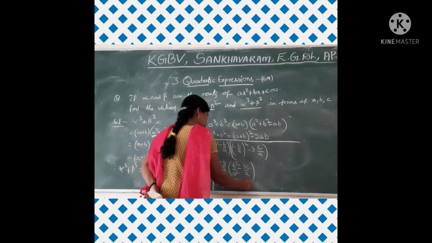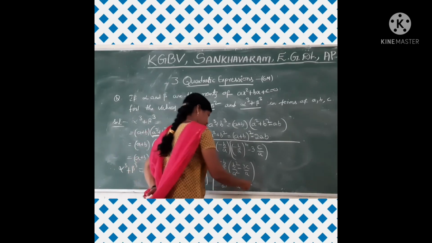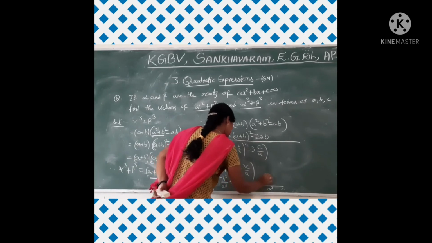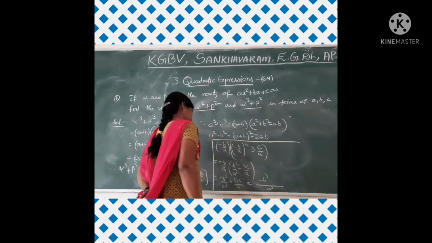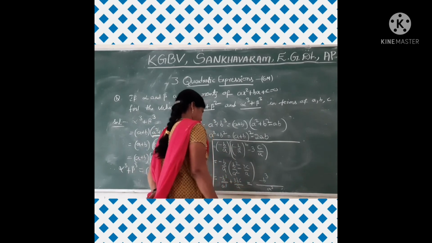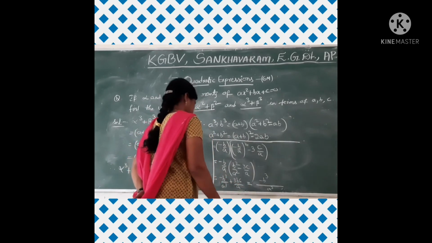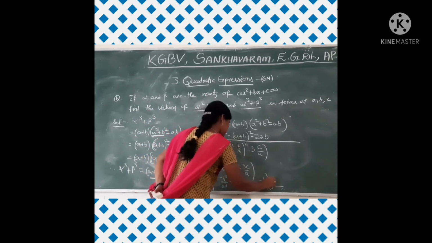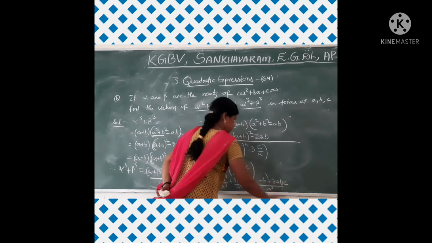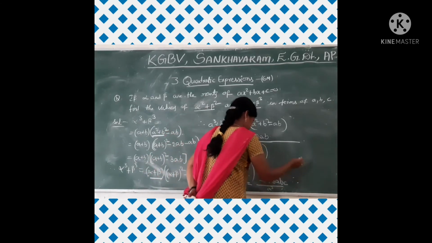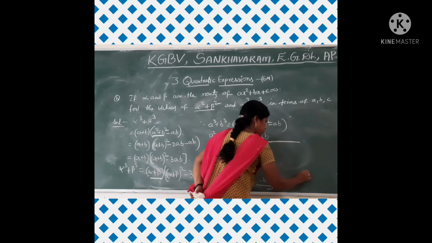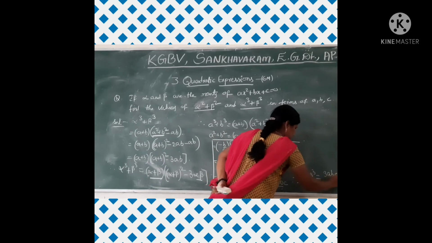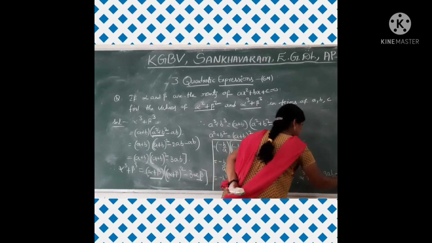Okay, this one LCM a cube, minus b cube plus 3abc by a cube.